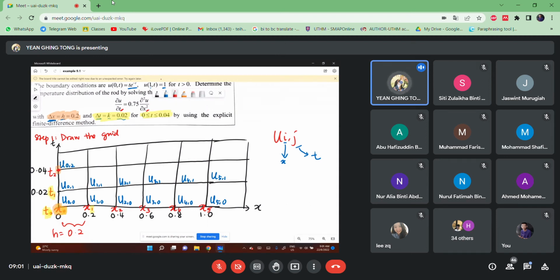This mean this point. Sekarang saya nak ni, this point. Semua ni kat this point. So here, this point is U12. This is U22, U32, U42, U52. Okay. So if okay, then you type okay. If not okay, you type X.